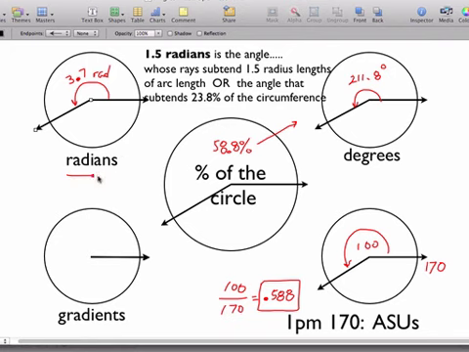No, radians. There's not 360 radians in a circle. So how many total radians in a full circle? 6, right? Or 6.2. Exactly 2 pi. So we want 58.8% of 2 pi. Got it? Yeah. So all you have to know is percent and then how many total you have in each of these things. Okay, other questions?